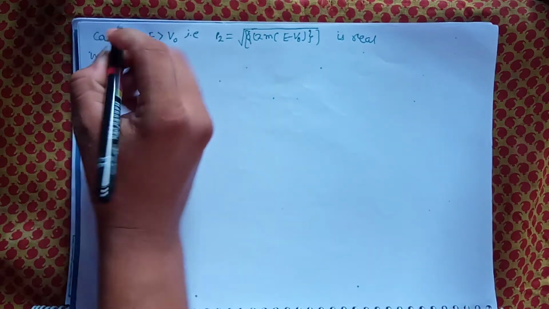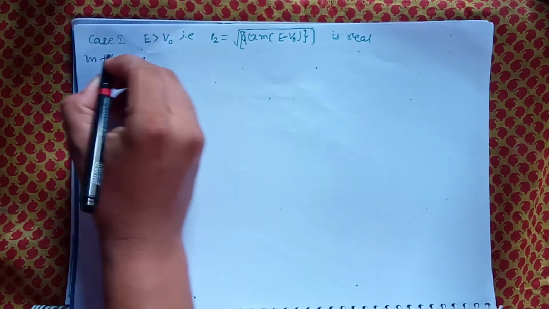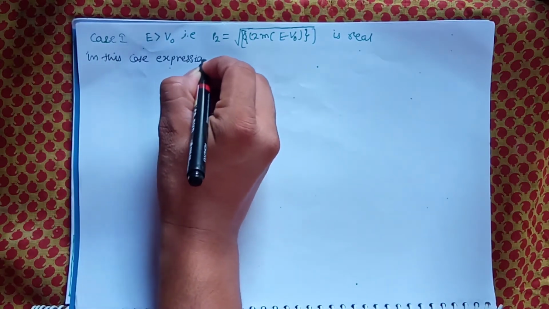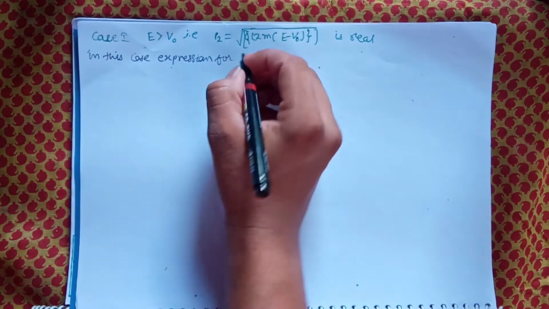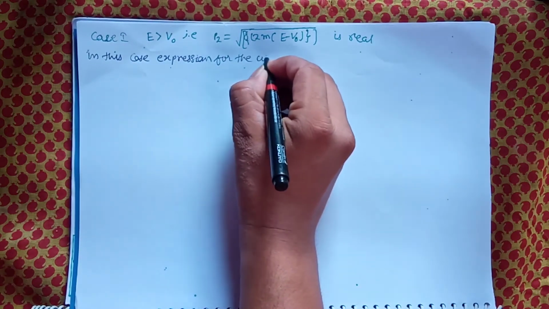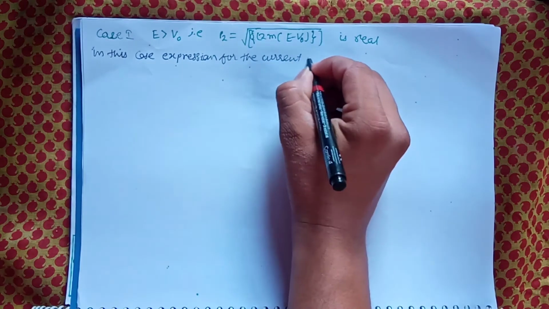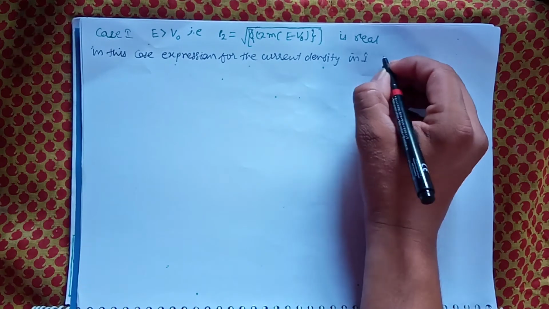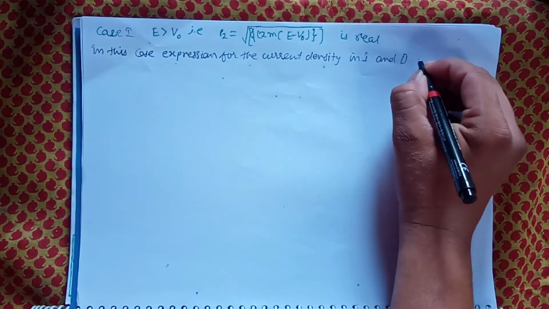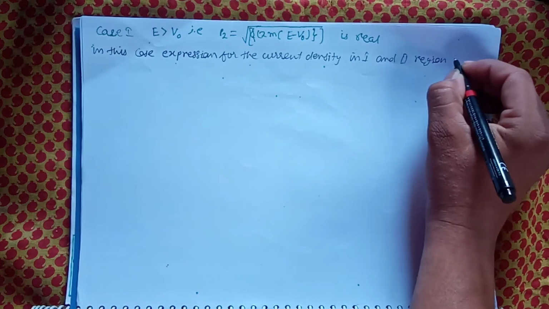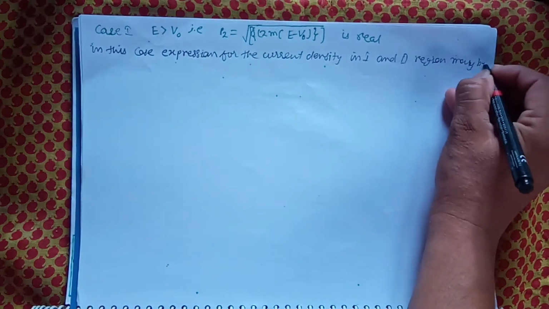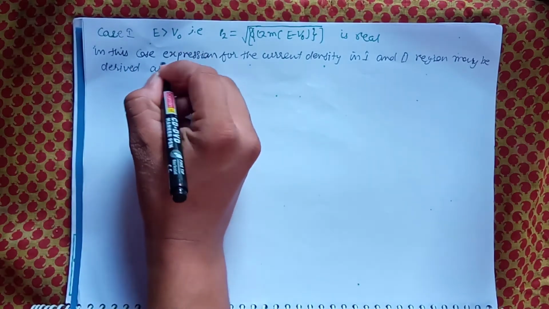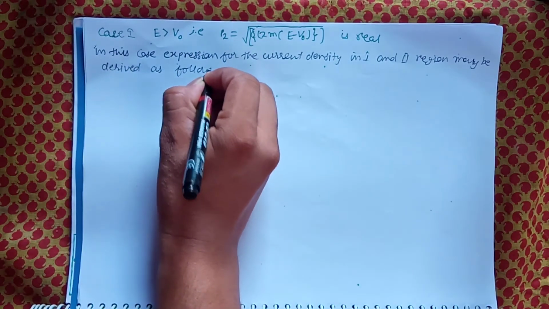In this case, expression for the current density in first and second region may be derived as follows.